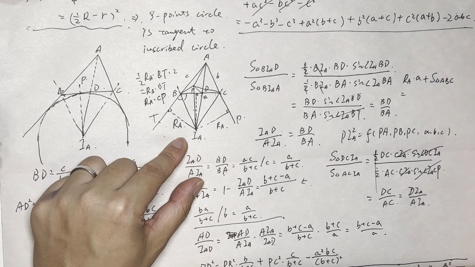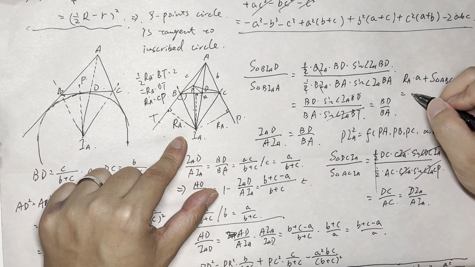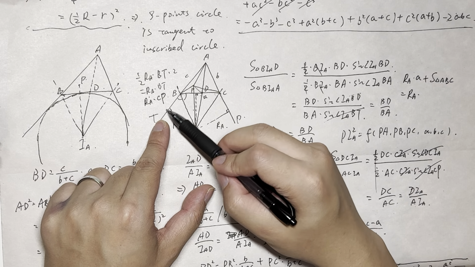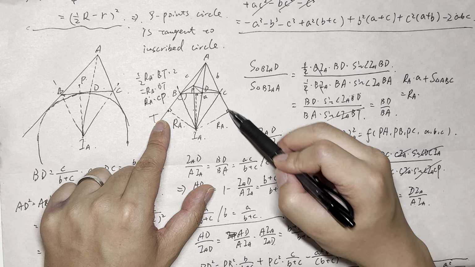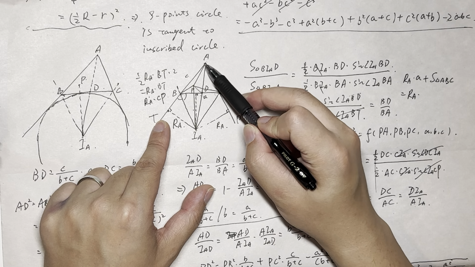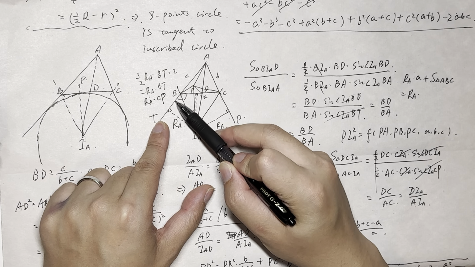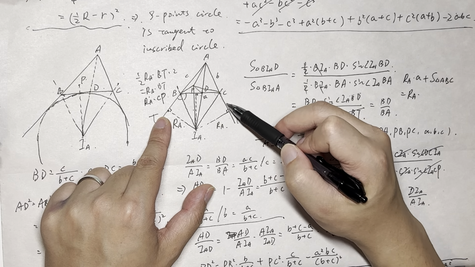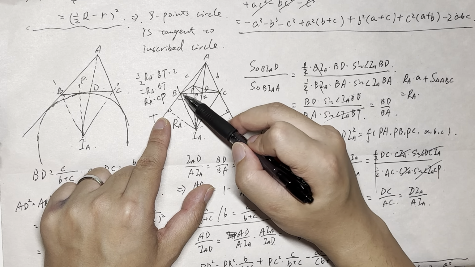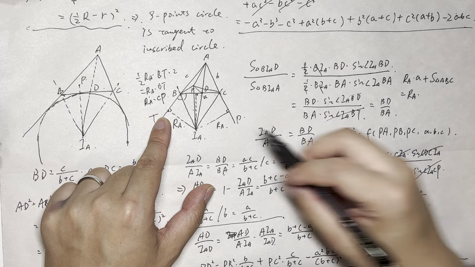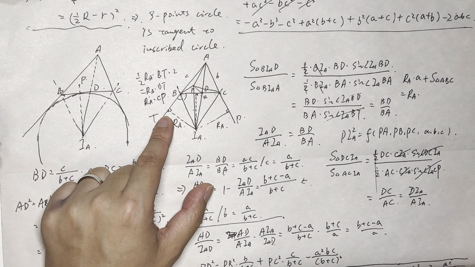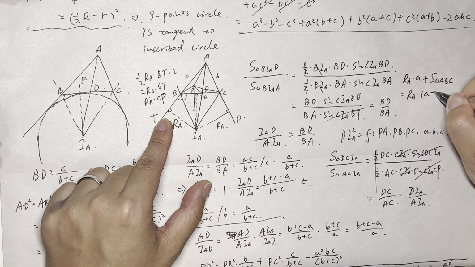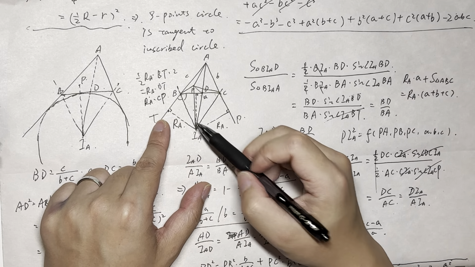It also can be rewritten as RA times this triangle plus this triangle, right? And this one plus this one plus this one plus this one, because this one equals this one equals this, right? So that is RA times a plus b plus c, right?